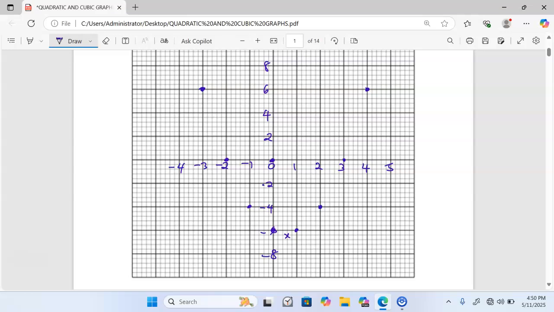From there, we join all these plotted points for us to have our curve. Let us connect all these points this way. We go to the turning point and of course go up.